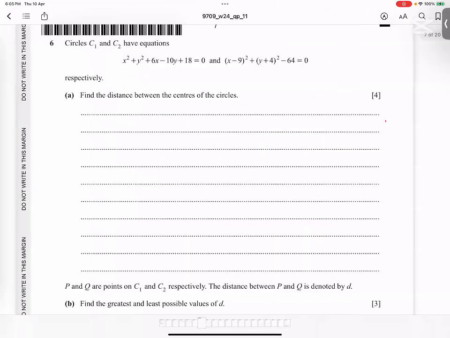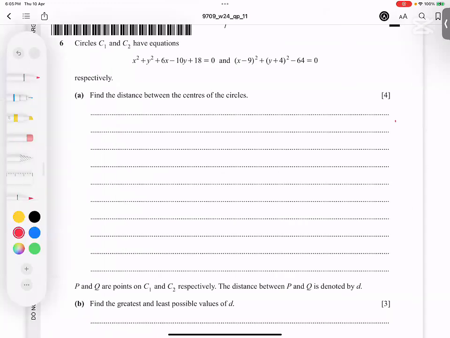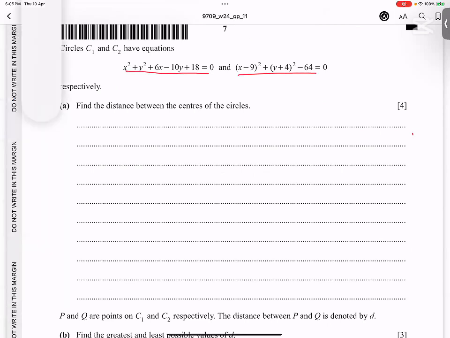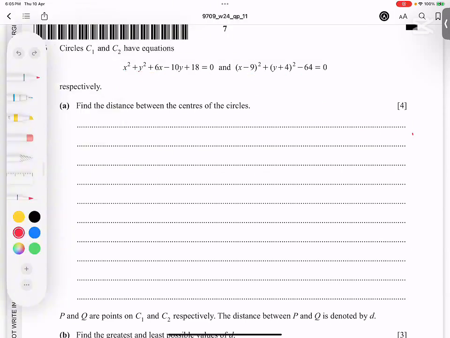Question number 6. In question number 6, we have been given two circle equations, circle 1 and circle 2. For these circle equations, we need to find center and radius. So for the first equation, I'm going to compare with x square plus y square plus 2gx plus 2fy plus c is equal to 0.